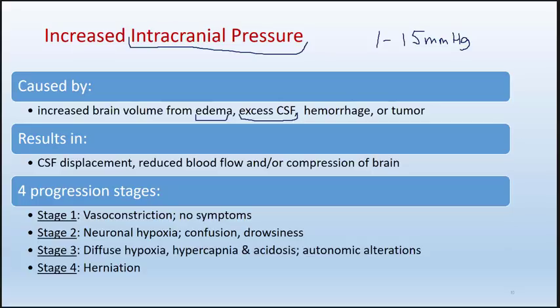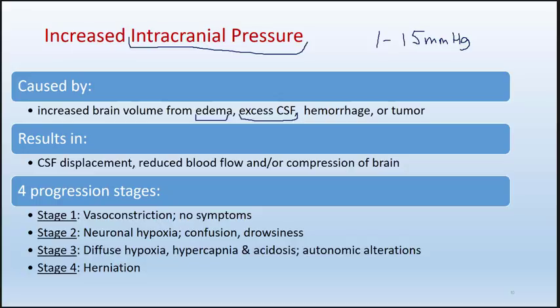Now, because the brain and the associated structures are encased within the skull, any increase in content of any kind within the skull needs an equal decrease in something else. Otherwise, normal blood flow will be disrupted. So it's important to keep us within that 1 to 15 millimeters mercury range.